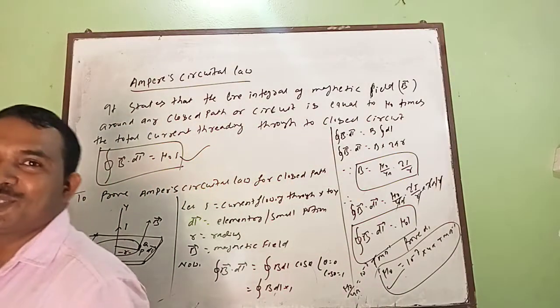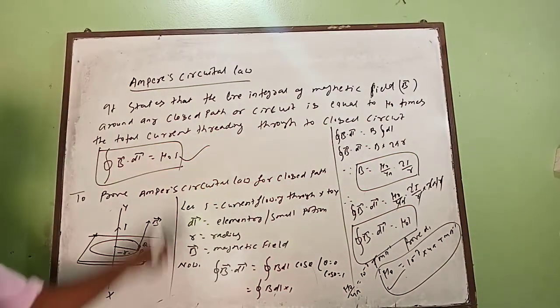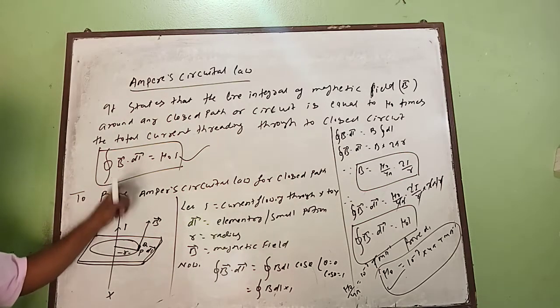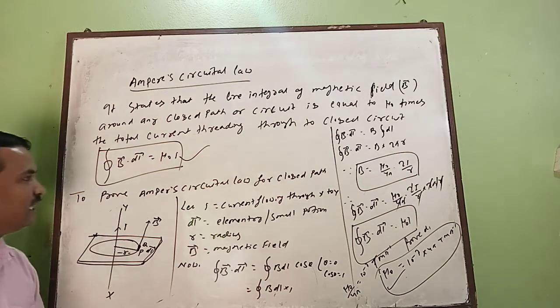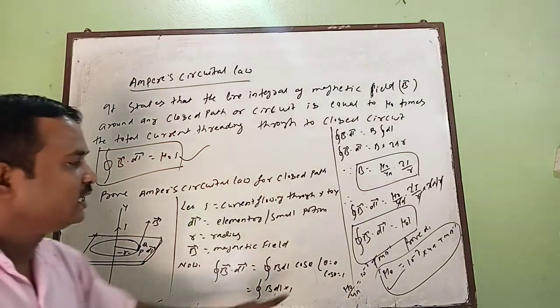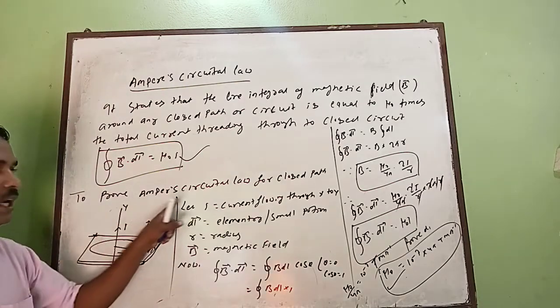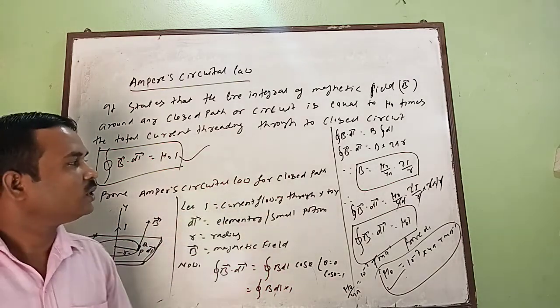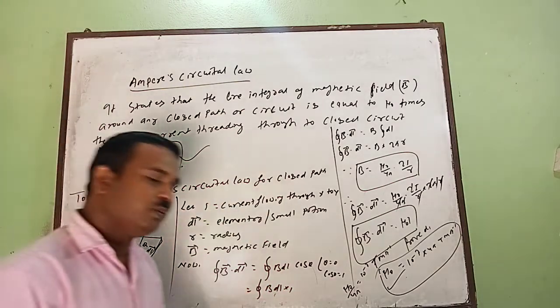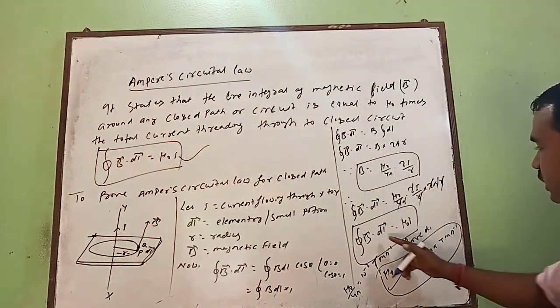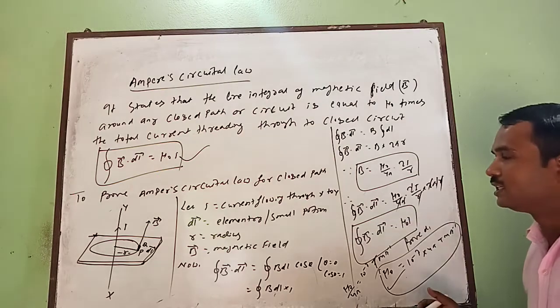So this is the statement of Ampere circuital law, and we have also proved that B dot dl is equal to mu naught I for the closed path. Is it clear?